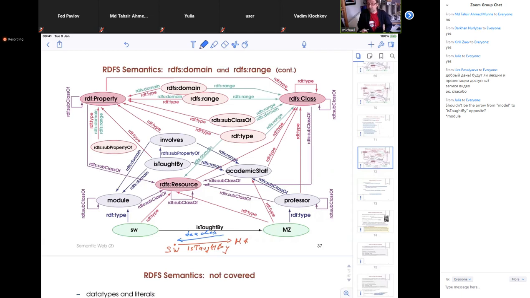We'll come to this a little bit later, but you should distinguish between inverse properties. Module is the domain of is stored by, that's true. Is stored by domain module. This is what's written here.